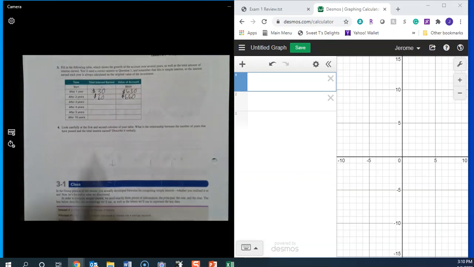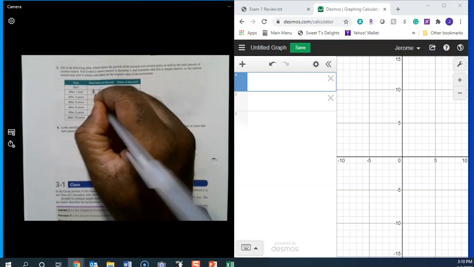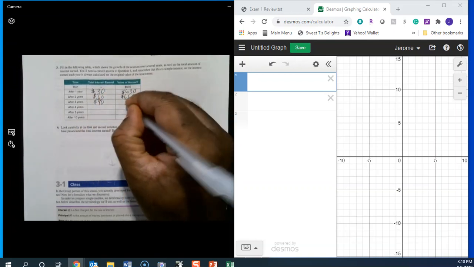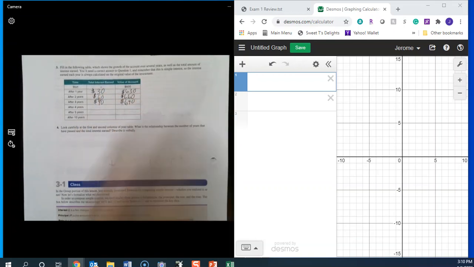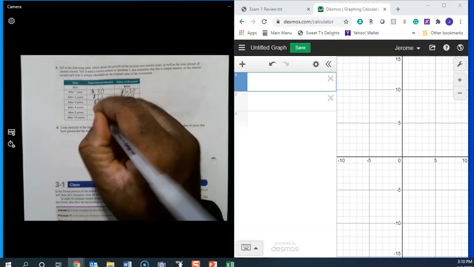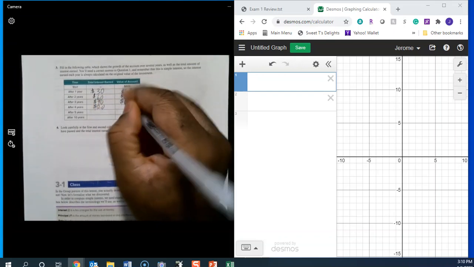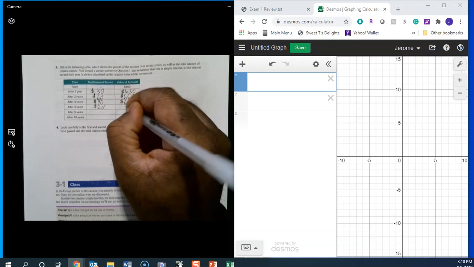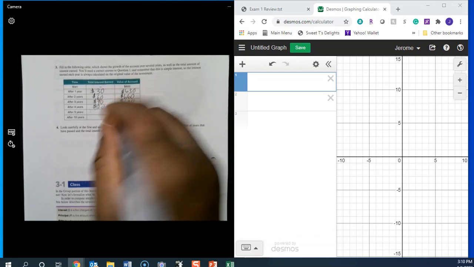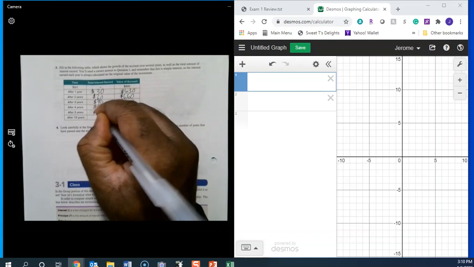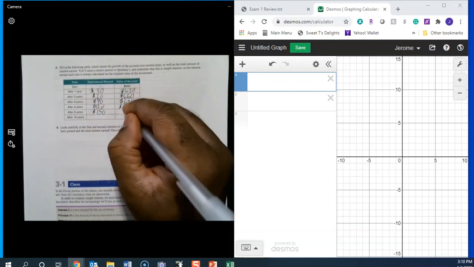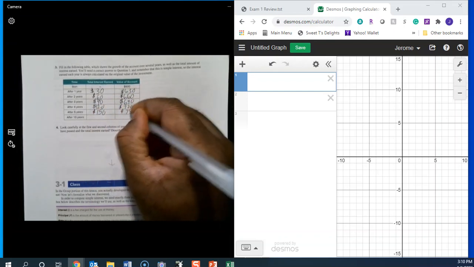Then the third year, we would add another $30, be $90, so the account would be $690. The fourth year, you accumulate another $30. That'll be $120, which will give us $720. Then another $30, which would be $150, and that will give us $750.